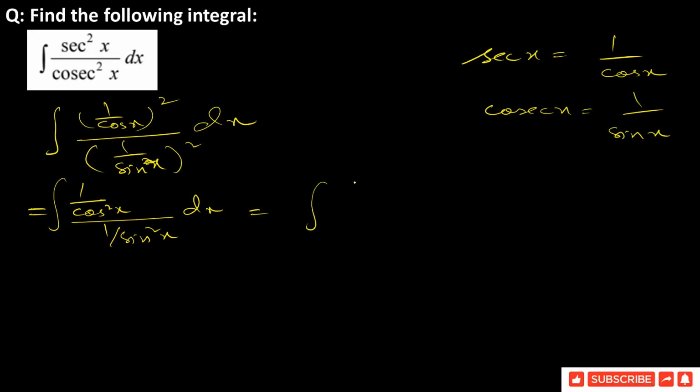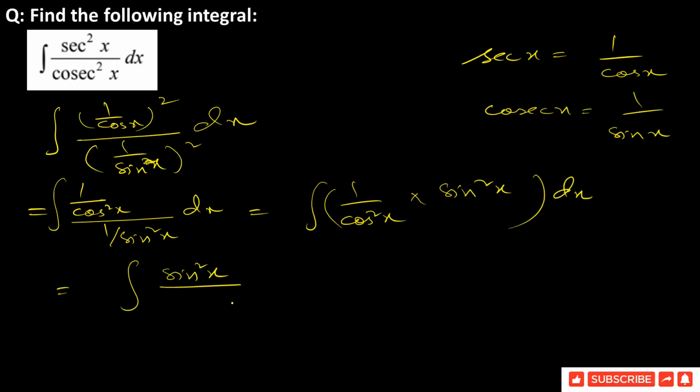So it will be 1 upon cos square x times sin square x times dx. The integral of sin square x upon cos square x dx becomes tan square x dx as well. But we do not have any formula for the integral of tan square x.